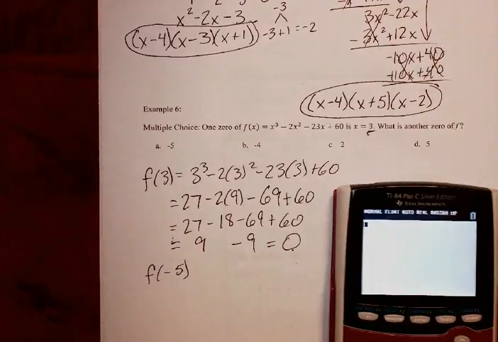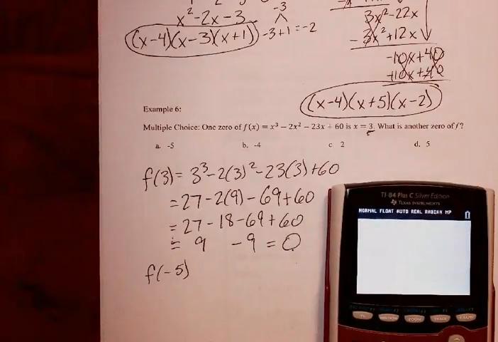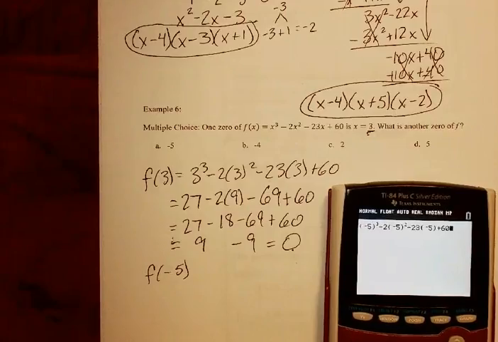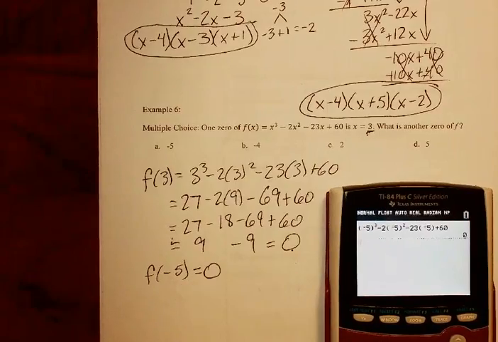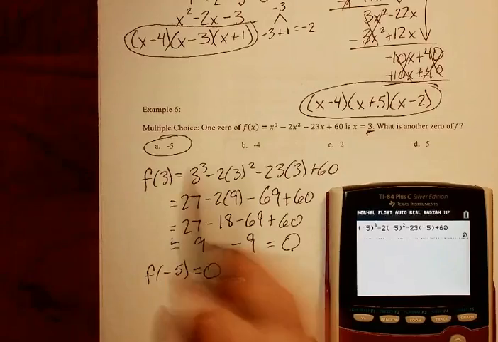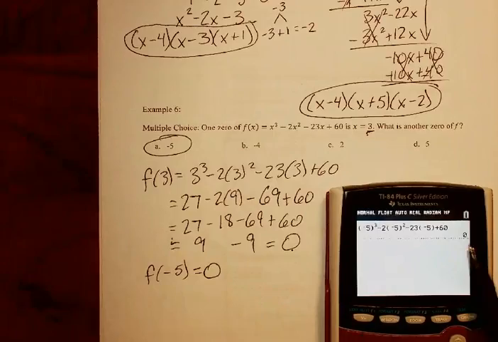So I do negative 5 to the third power minus 2 times negative 5 squared minus 23 times negative 5 plus 60. And I get 0. So I don't have to plug in anymore. A is my answer. If I hadn't gotten that immediately, I would have had to keep going until I got one that gave me the answer of 0.